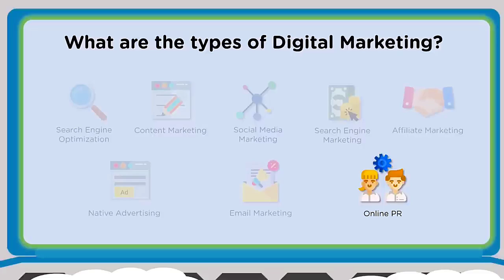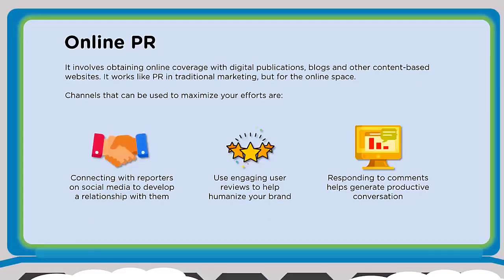Now, let's finish up with online PR or press releases. We talked about SEO and social and search and affiliate and email marketing and content native advertising. Let's talk about online PR here, because online PR really does involve working with digital publications or blogs or other content-related websites.